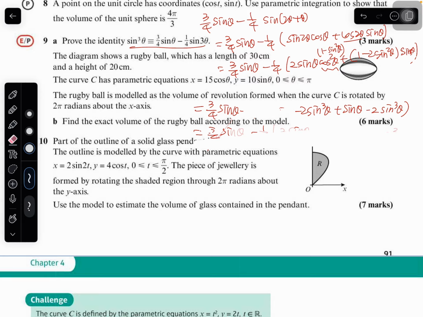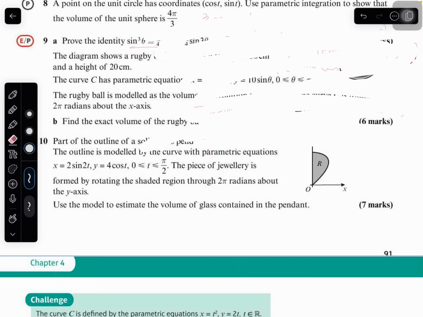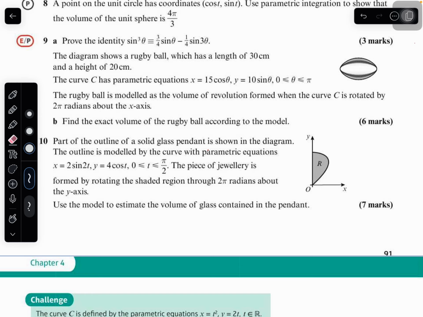So the diagram shows the ball looks like this, a rugby ball of length 30 and height 20. So here 15, here 10.